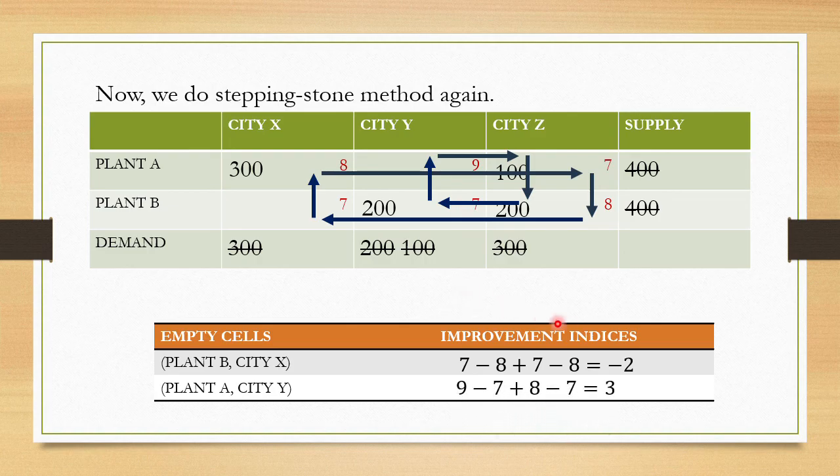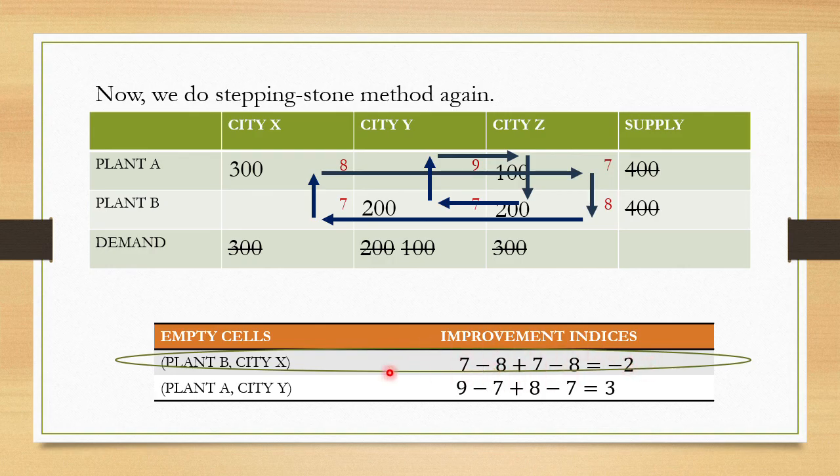Because we still have a negative improvement index, this means that the transportation cost can still be lowered. We did not compute the transportation cost earlier, but we know that it can still be improved based on the improvement indices.